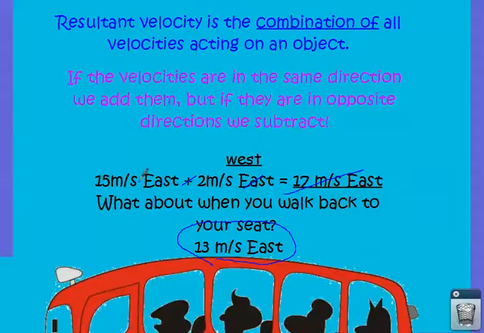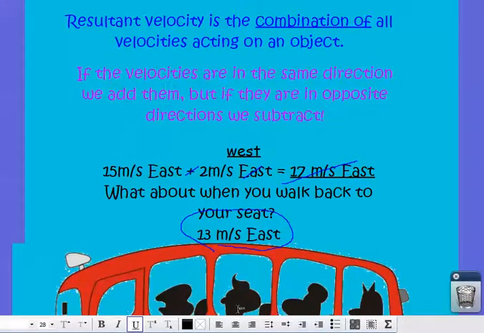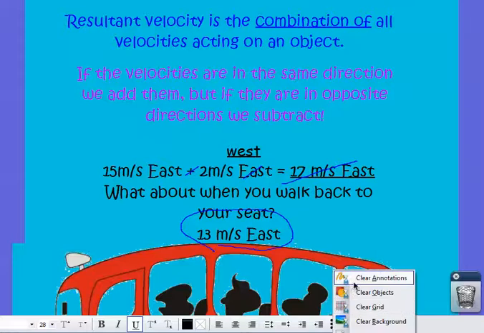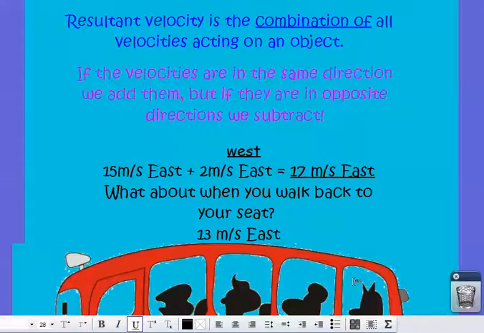And then you take the direction of the greater value, east. Even if you're walking toward the back of the bus, you're still overall traveling eastward. So when you have to do resultant velocity for velocities that are in opposite directions, you need to subtract and then take the direction of the greater value.